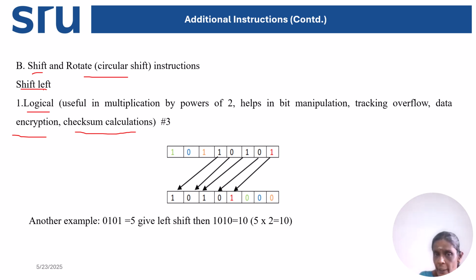This is the input value given, and we have to shift by 3 positions. Here it is left. So left shift means, in the MSB we have to take 3 bits because we need a 3-bit position.